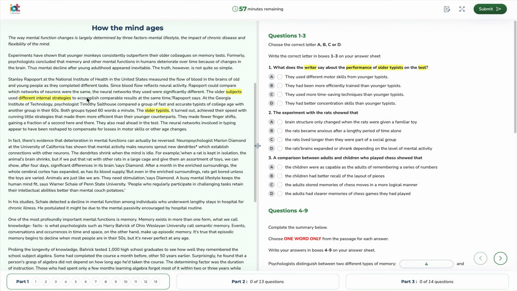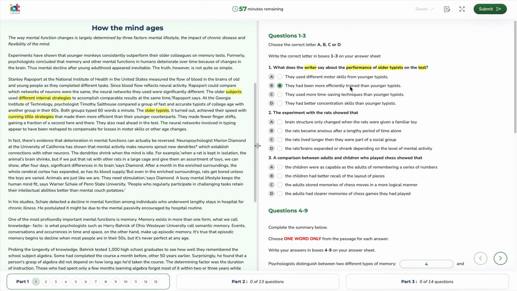They are using different strategies with which they can score better, or at least finish the test in the same time. The older typists achieved their higher speed with cunning little strategies that made them more efficient. They used the strategies they already had, and were able to perform better than their younger counterparts.